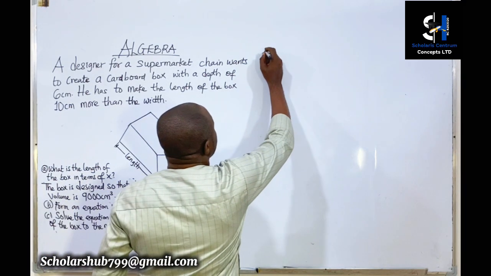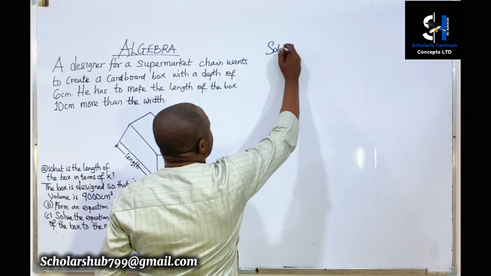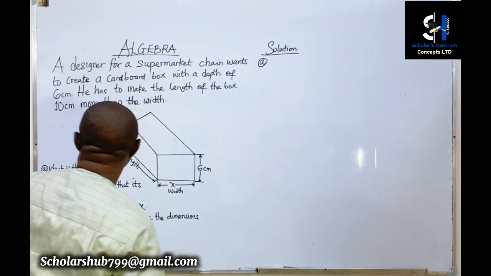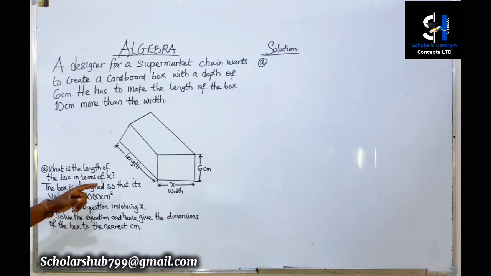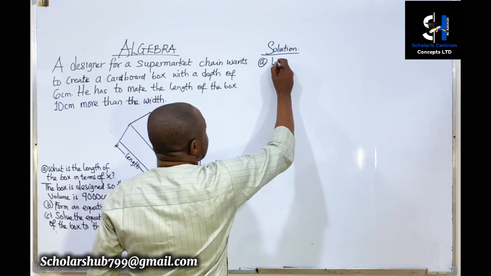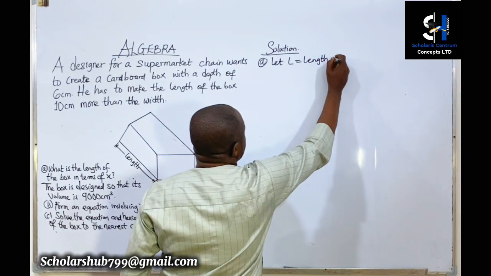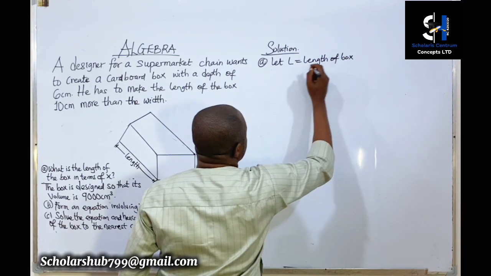So the first question we are asked is, what is the length of the box in terms of x? We can say let L equal the length of the box.